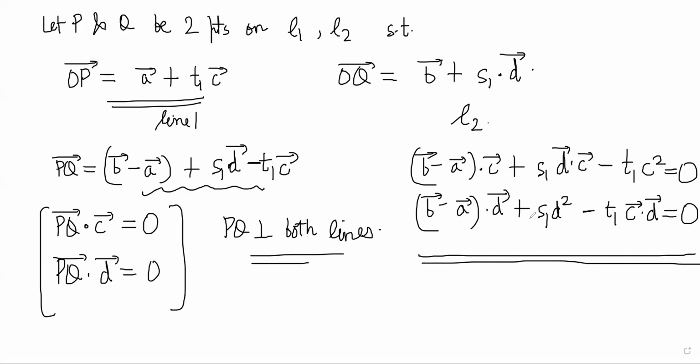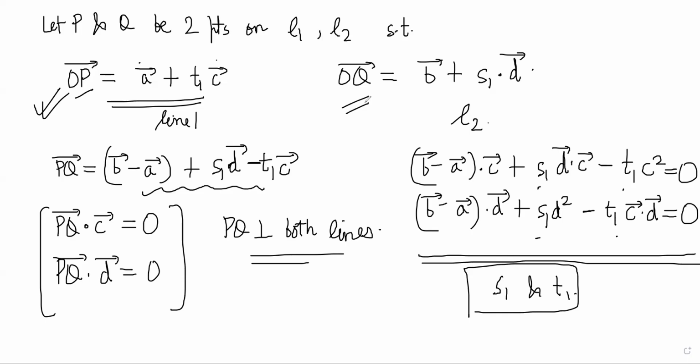From these two equations, we have to find S1 and T1. If A, B, C, D vectors are known, you can find S1 and T1. And if you find S1 and T1, you will be able to find the location of OP and OQ. And that will be your line segment that is perpendicular to both of the skew lines, right?